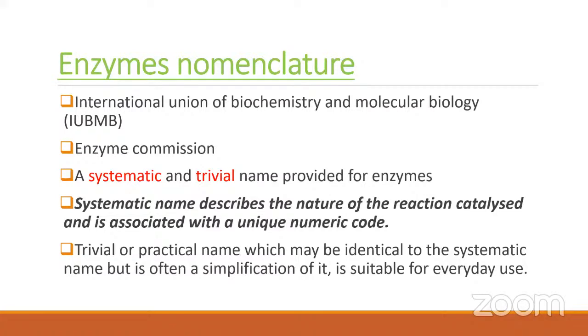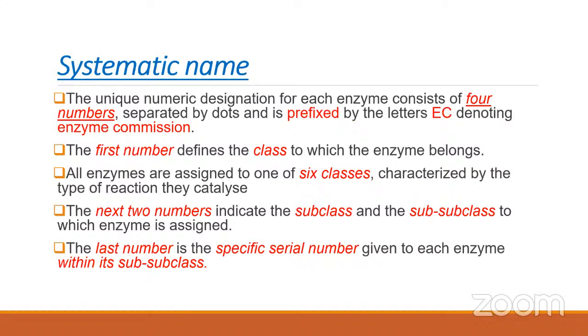This commission has given each enzyme a unique numeric code. So the IUBMB classification of enzymes is important for you from the exam point of view. It was a university question last year, so this part is important.